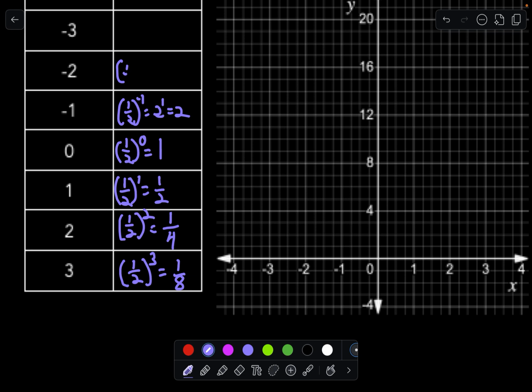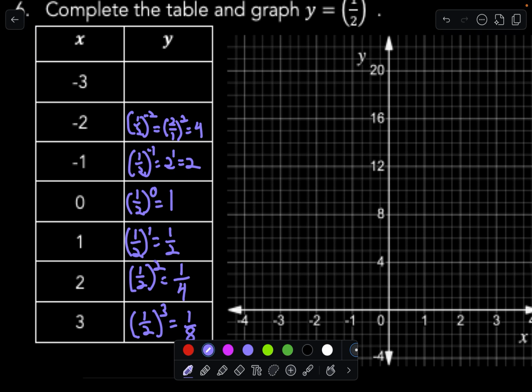Then we have 1/2 to the -2. Negative exponent flips the base, so now it's 2 over 1, which is 2, squared, which is 4. And lastly, we have 1/2 to the -3, which is 2 over 1 to the third, which is 8.